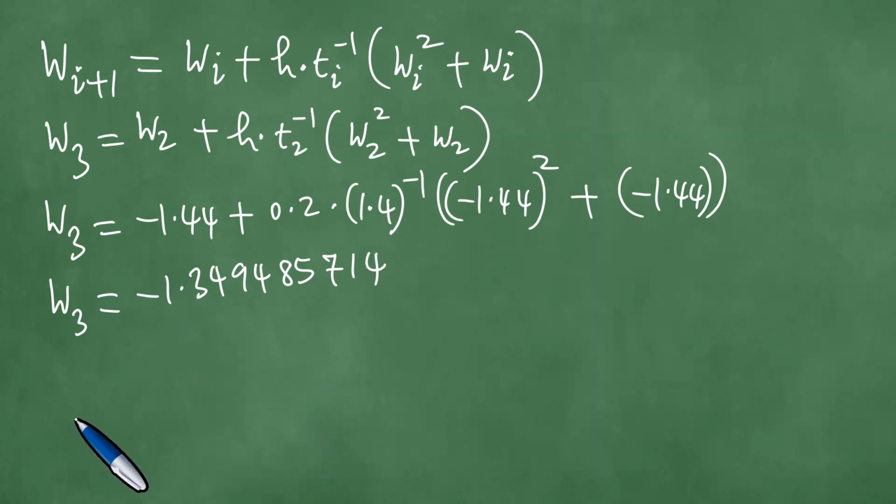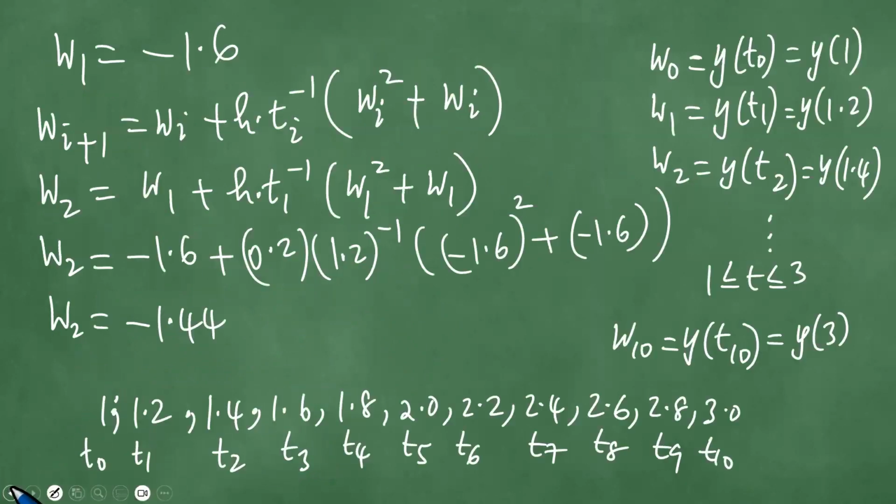Okay. What does this estimate? We have seen that W2 approximates Y at T2. So W3 is going to approximate Y at T3. So ideally, these things are estimates.